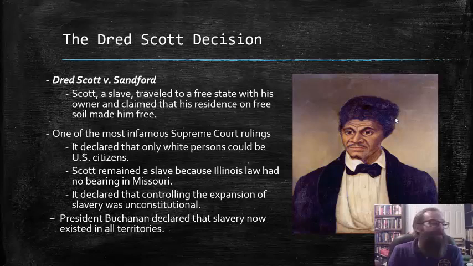Now, of course, this greatly inflamed Northern abolitionists and made them ever more determined to fight back against any such developments and ensure that expansion westward would be not at the cost of their free labor ideology.